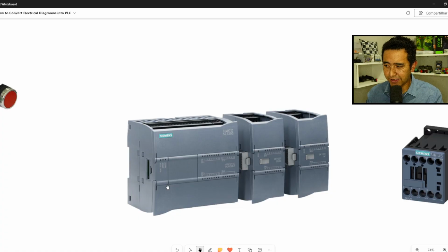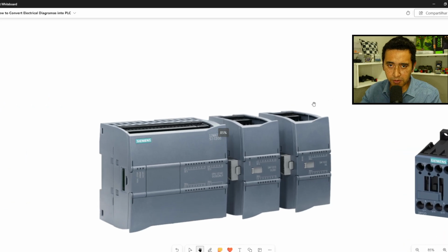It is a PLC that we use here. Like I said in the beginning, I'm a Siemens integrator. I've worked with TIA Portal about 5 years, 6 years, I don't remember now. But we use it to understand the new concepts that we talk about here.